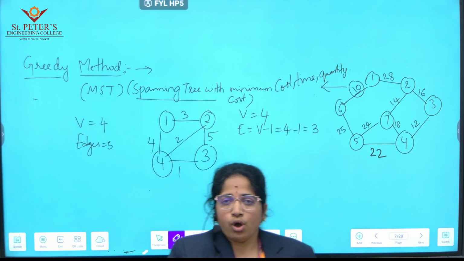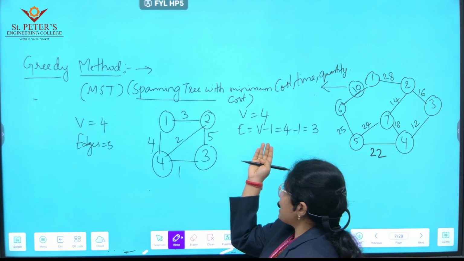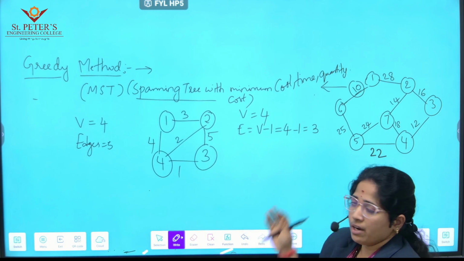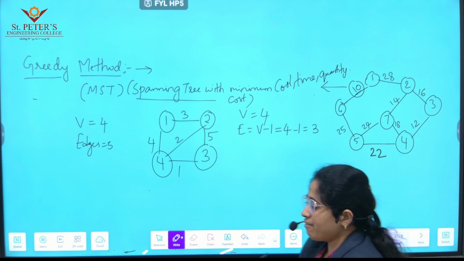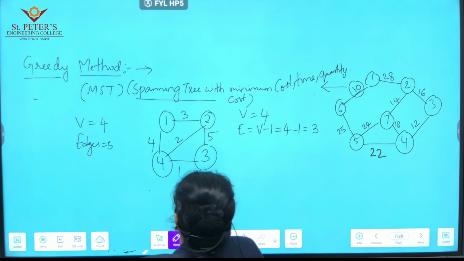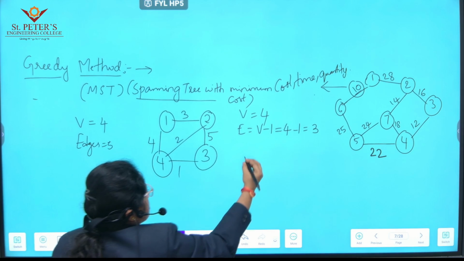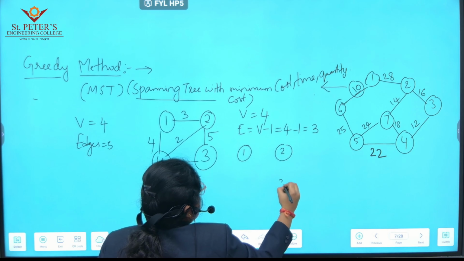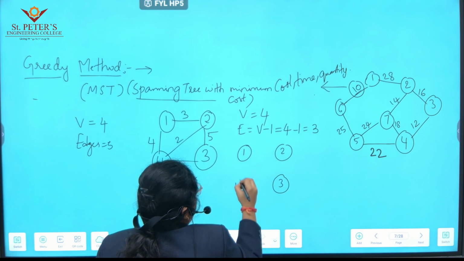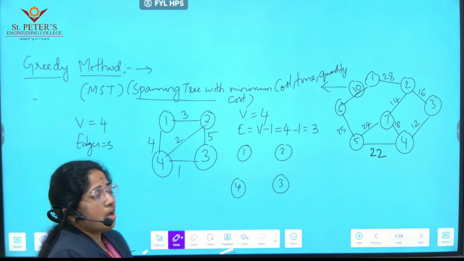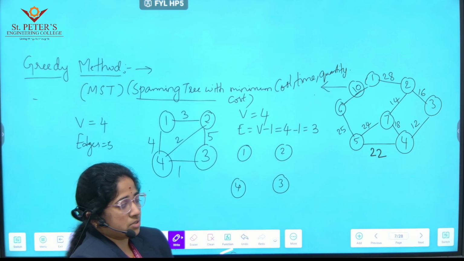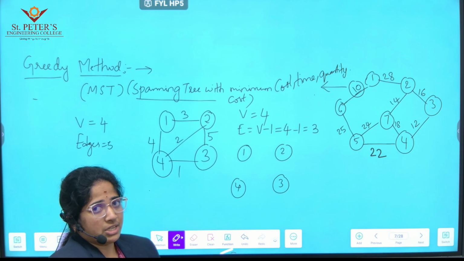So for drawing a spanning tree, how many vertices do we require? 4. How many edges do we require? Only 3. So now I will start. What is the first initial step? We need to take all the vertices, but while considering the edges, we need to select only 3 edges. So I will draw all the possible cases.